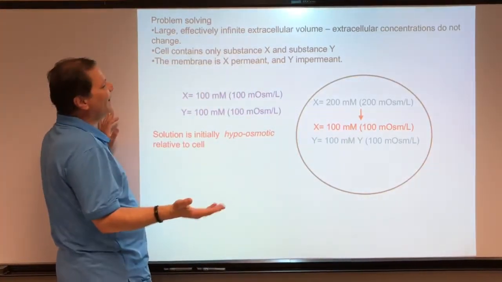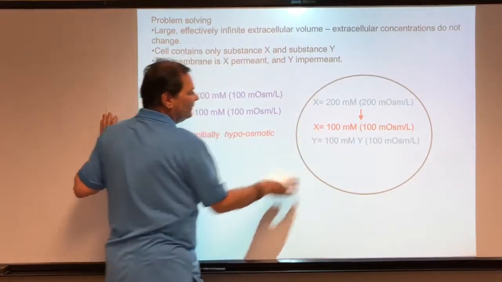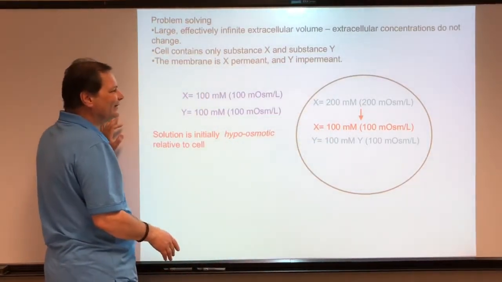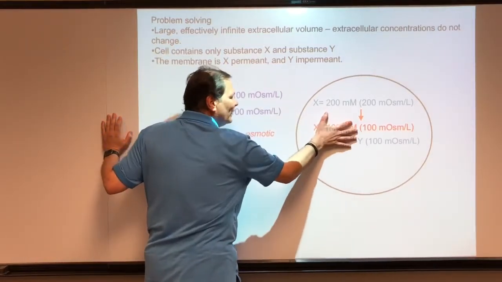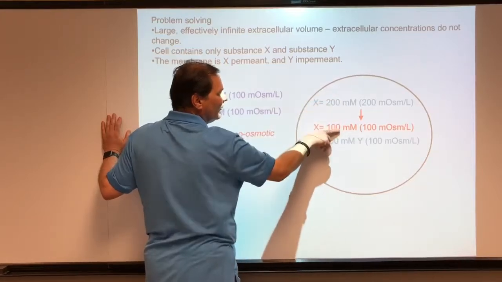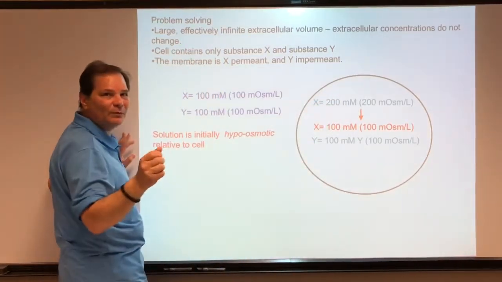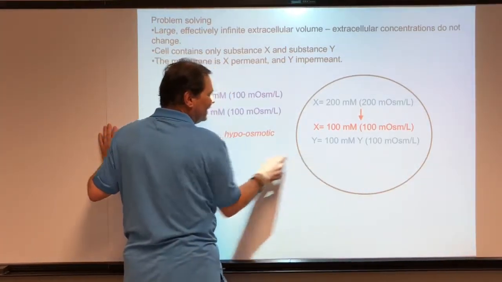Now, the most common question I get asked about these problems is, why does it go all the way to 100? The reason is because the volume inside the cell is really, really small. So in order to move this concentration from 200 to 100, I only have to move a little bit of X from inside to outside.